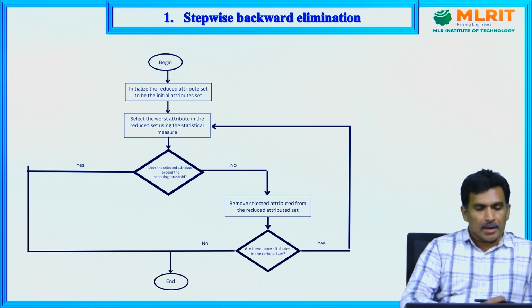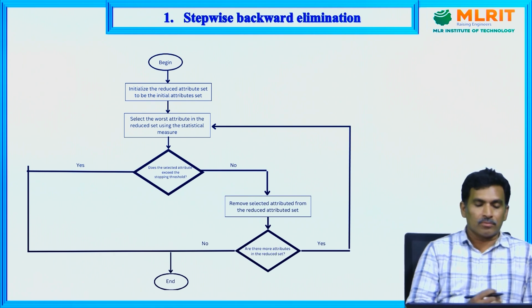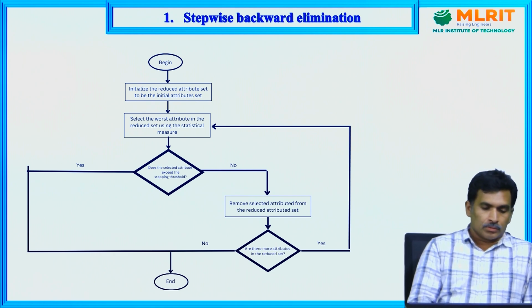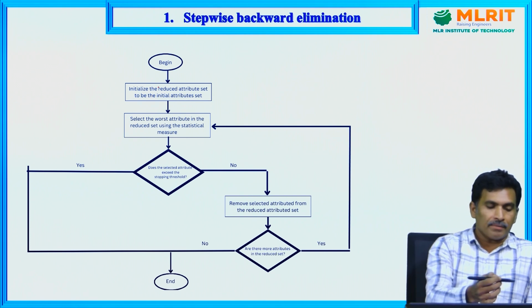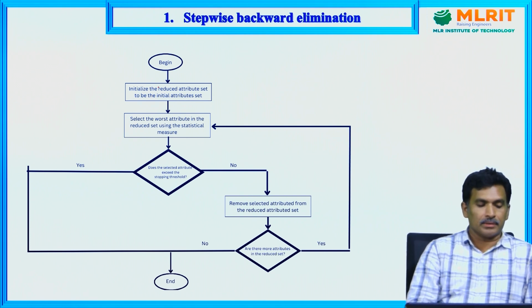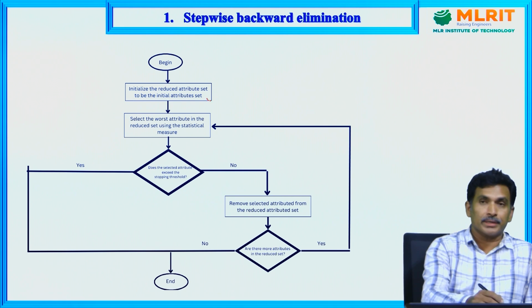The next heuristic method is stepwise backward elimination. In this, we initialize the reduced attribute set to be the initial attribute set.